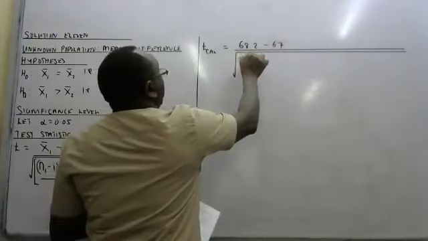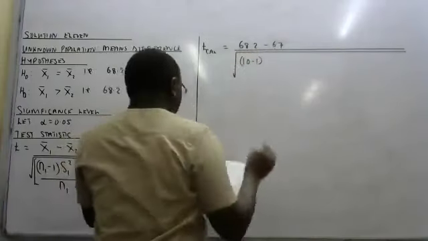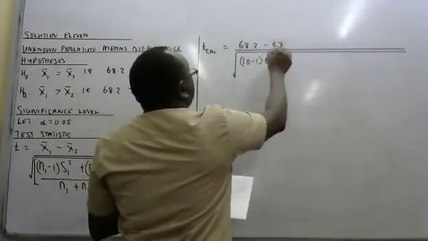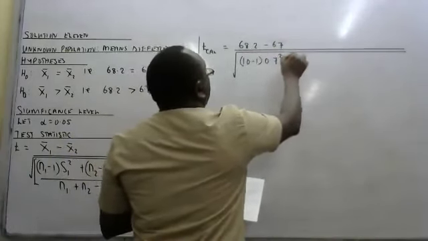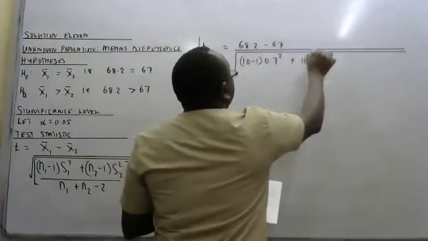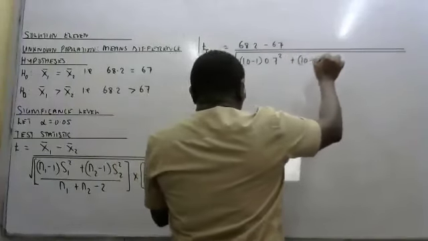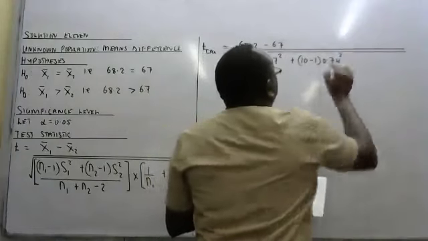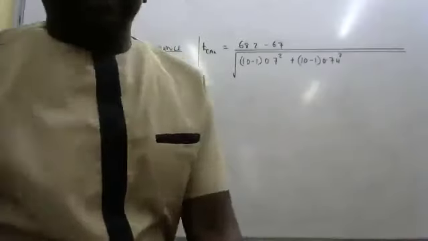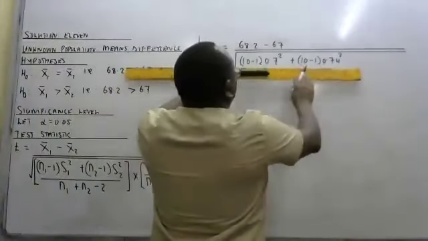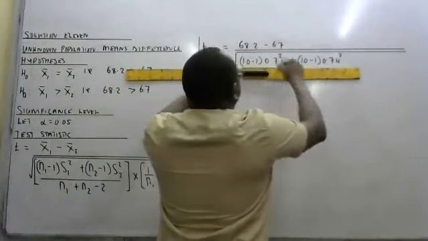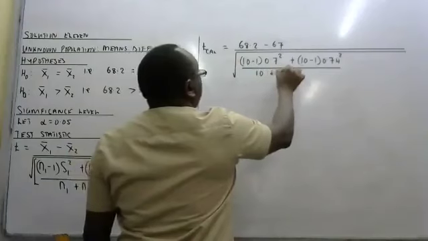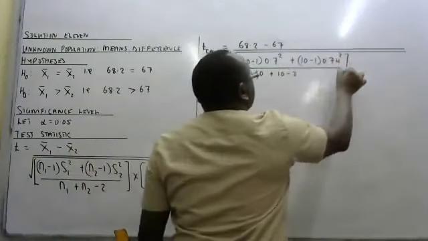So this is 10 minus 1, and the standard deviation is 0.7 squared, plus 10 minus 1 multiplied by 0.74 squared, then you divide this by 10 plus 10 minus 2.